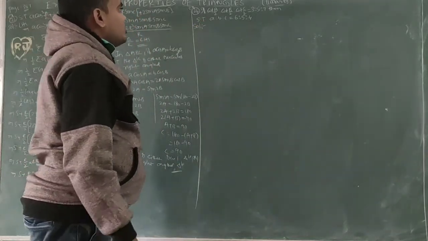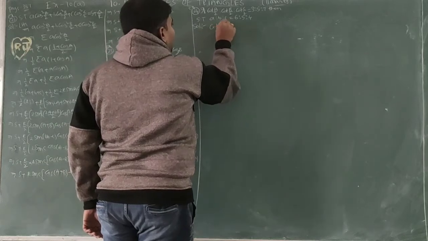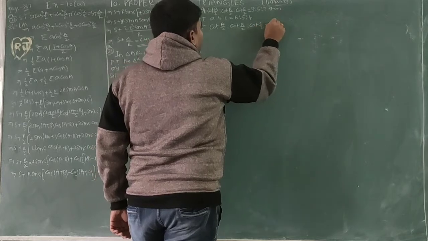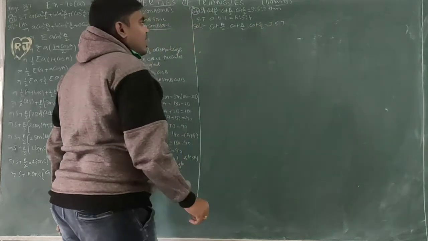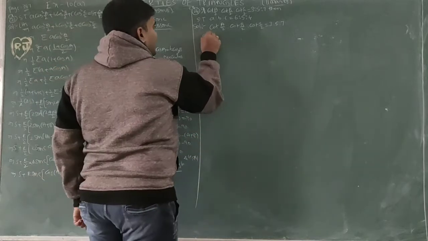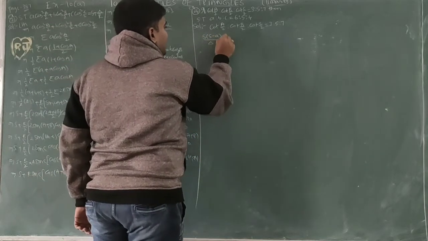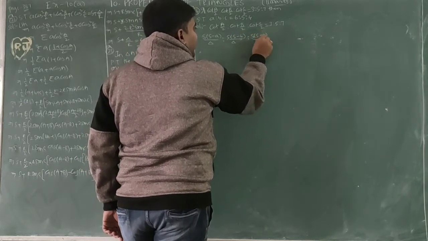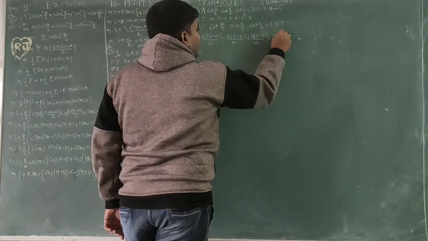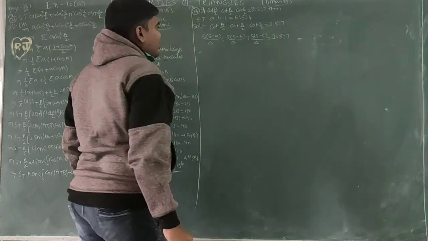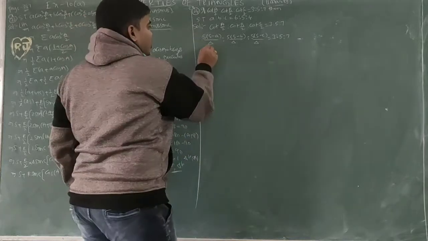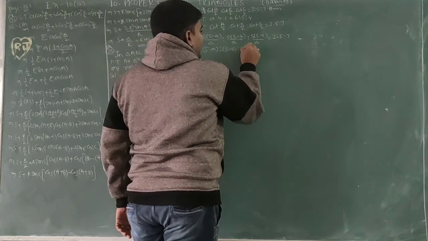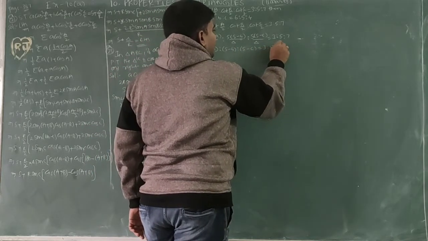Now first, given cot A/2 : cot B/2 : cot C/2 equals 3 : 5 : 7. The formula for cot A/2 is s(s minus a)/delta, and similarly for B and C. All the s's cancel, delta cancels. So overall (s minus a) : (s minus b) : (s minus c) equals 3 : 5 : 7.